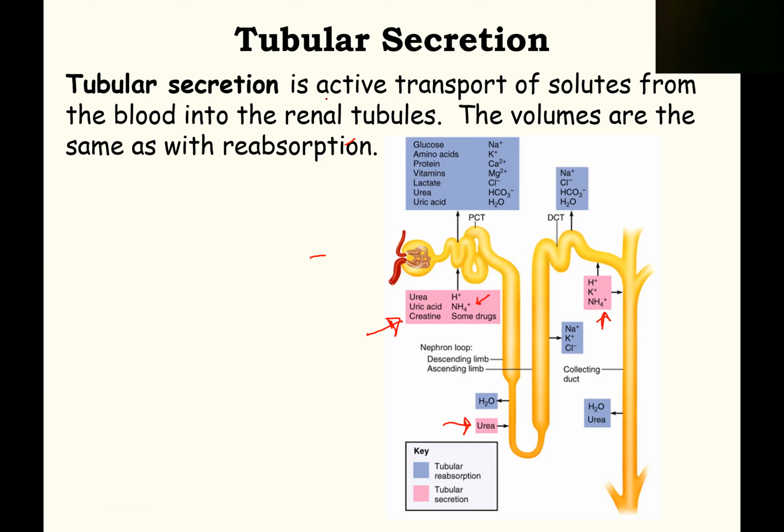All of this is going to be active transport, so we have to expend energy in order to move these things out of the blood. And that's because we're trying to concentrate them inside the renal tubules, which goes against the universe wanting to evenly distribute things.